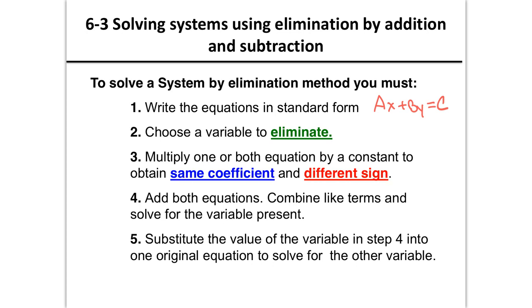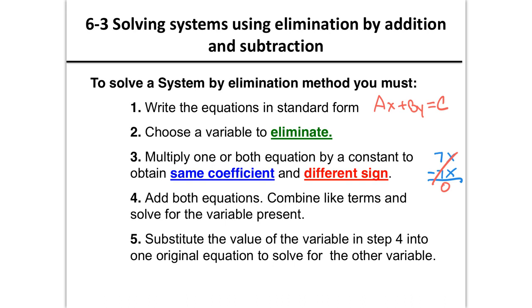Just to give you an idea, let's say you want to eliminate the x. If you have a 7x, you must have a negative 7x, because when you add or combine, those two will equal 0. So they cancel. That's eliminating the variable.